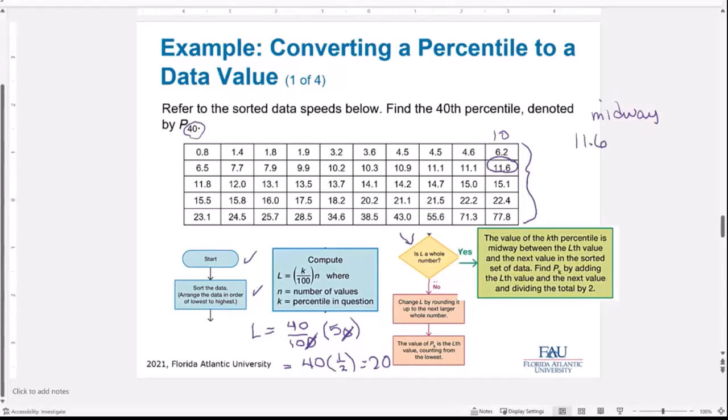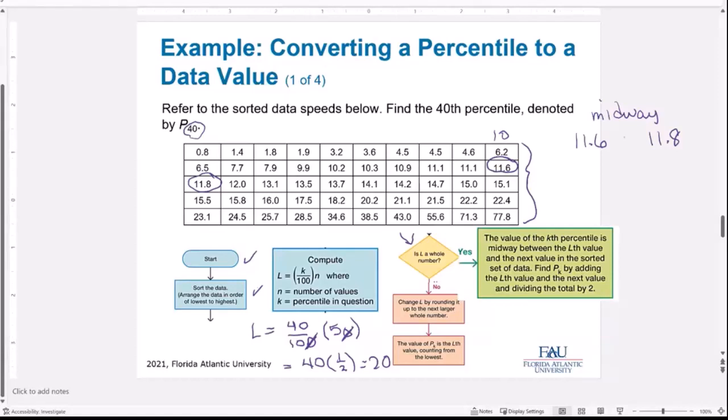11.6 and the next value. The next value is 11.8. It's midway between 11.6 and 11.8. How do I find the midpoint of those two values? It's the same as finding the average or the mean.